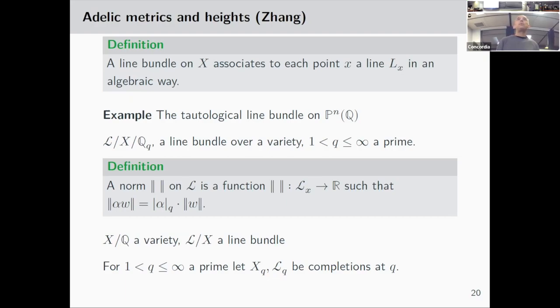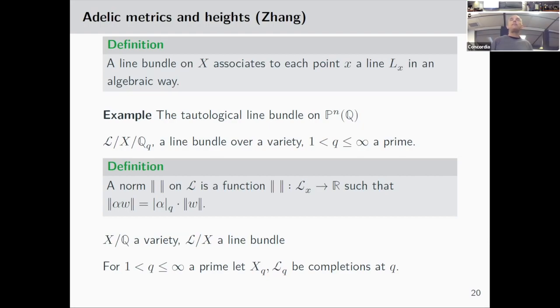And then a norm associates to every line a norm, a usual norm, right? So it's a function with values in R, such that if I multiply by a scalar, I'm going to pick up the absolute value, in this case the p-adic absolute value, of the scalar. And then what I want to do is take a variety over Q and a line bundle, and now go over all primes and look at the completion.